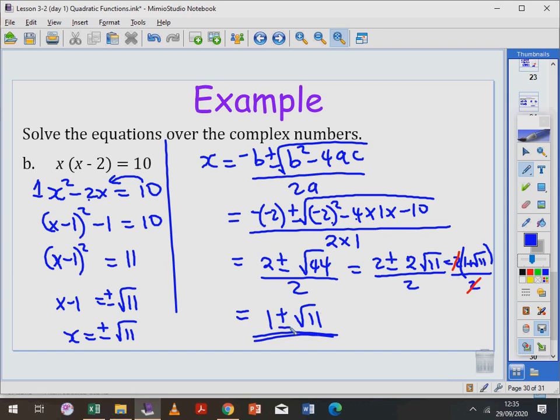Sorry, plus or minus. I know you've been shouting at me for forgetting to add the 1 from this side. I've also just remembered, since this was x minus 1 is equal to that, if I want x alone, then the 1 goes over to the other side. 1 plus minus root 11.